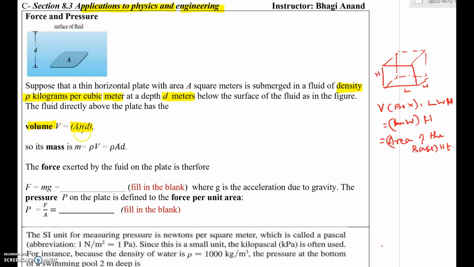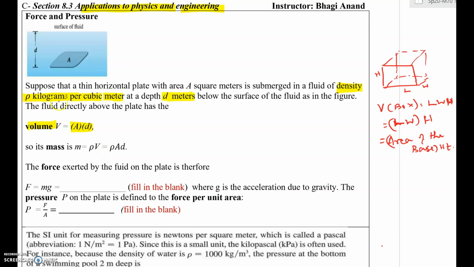Volume V is A times D, which is the area of the thin plate multiplied by the depth of the liquid. The mass, we know from physics, is density multiplied by volume.